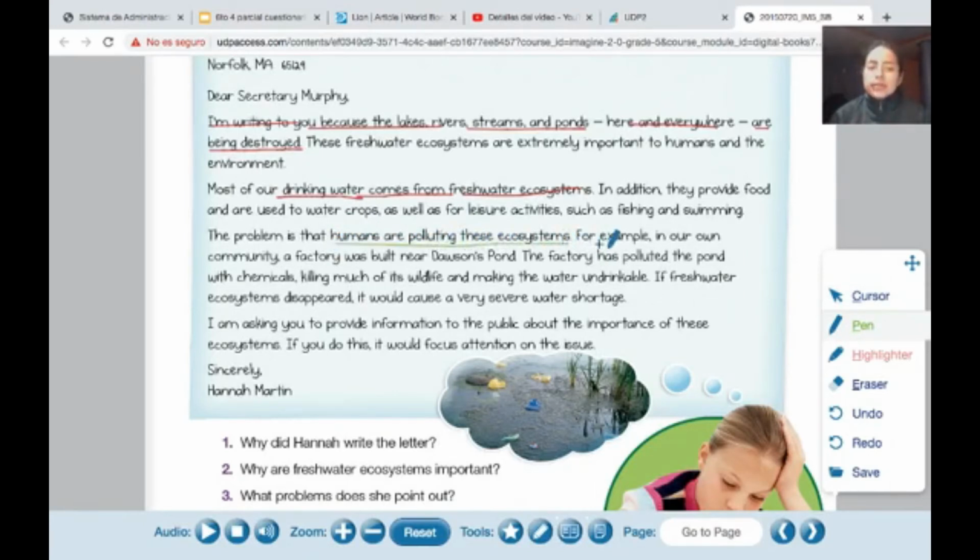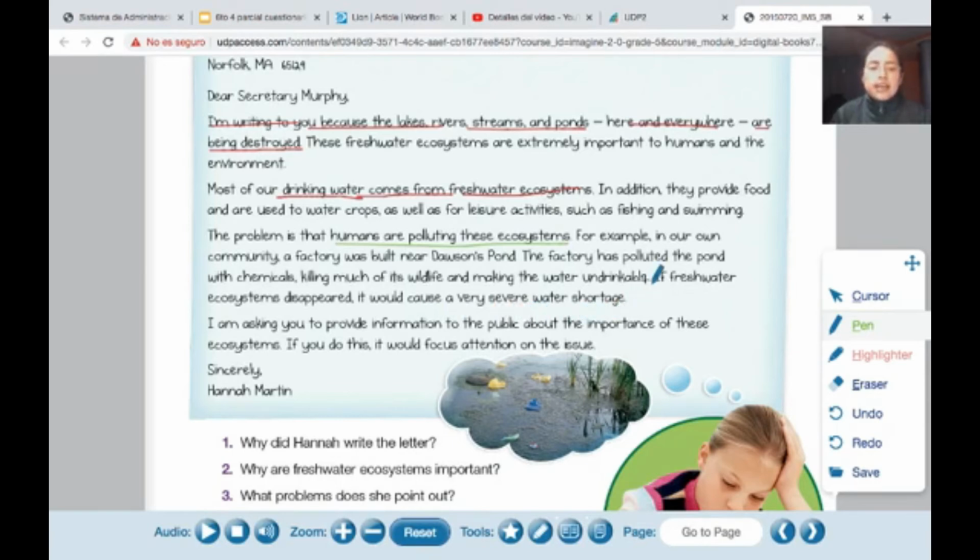For example, in our community, a factory was built near Duston Pond. The factory has polluted the pond with chemicals, killing much of its wildlife and making the water undrinkable, imbebible. Okay? If freshwater ecosystems disappeared, it would cause a very severe water shortage.